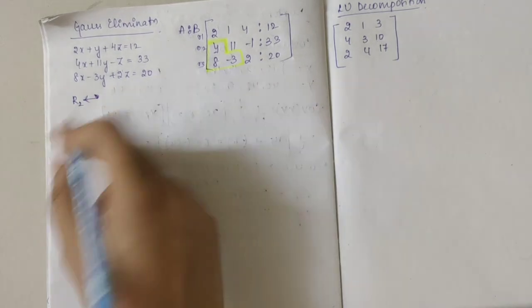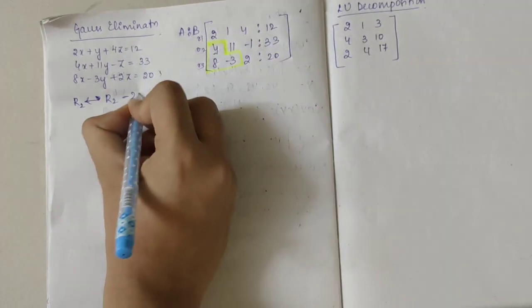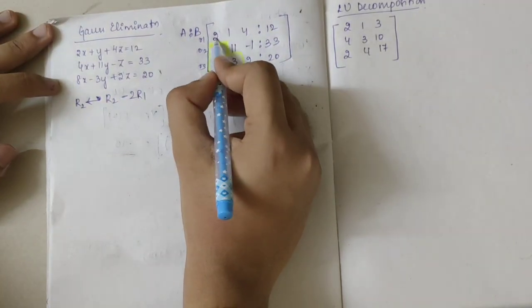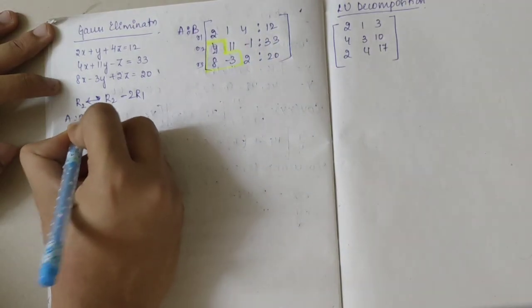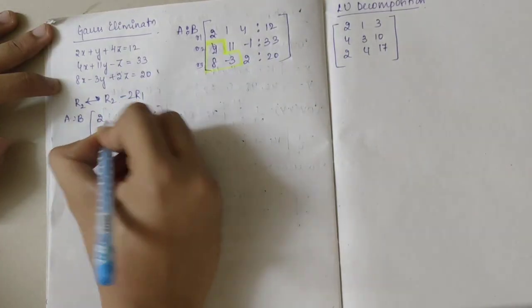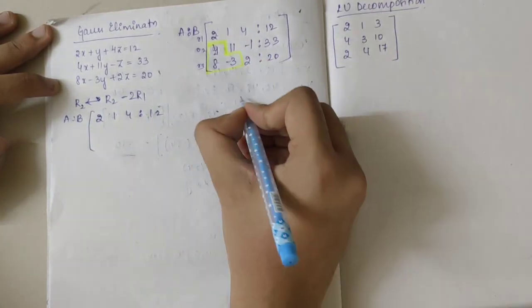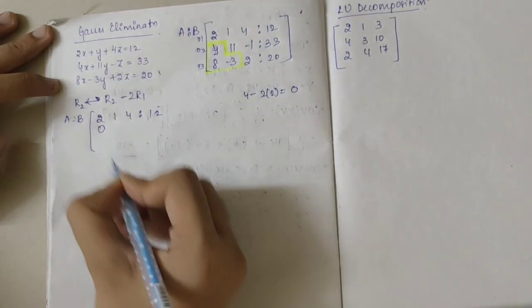Row 2 needs to be updated such that R2 minus 2 times R1. So when I multiply 2 here, 2 here, 2 here, 4 minus 2 into 2 is 0. So here I'll get 0. I'll write the updated matrix here. After performing the operation, the upper part would be the same. And here I would get 4 minus 2 into 2, that is 0, so I'll write 0 here.